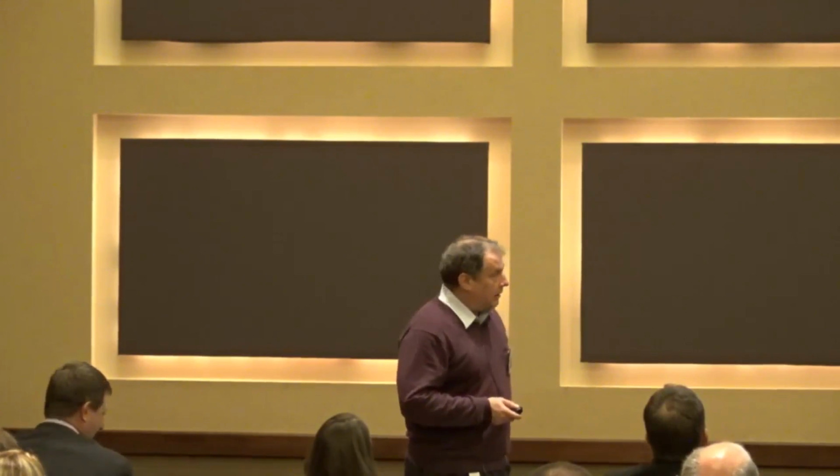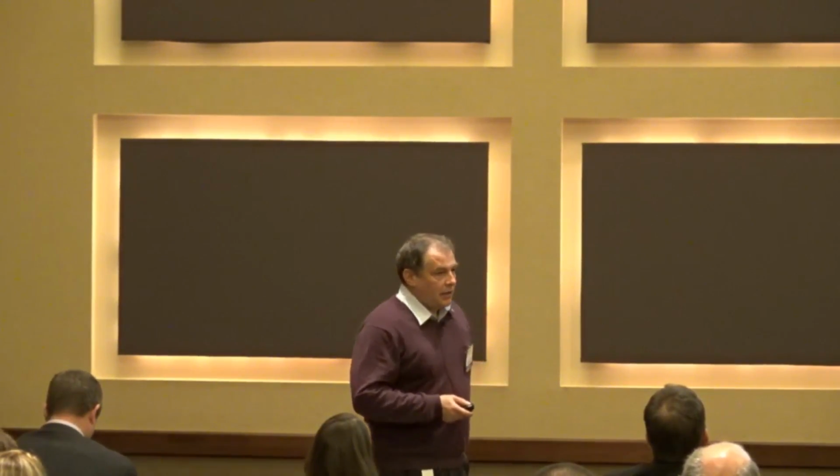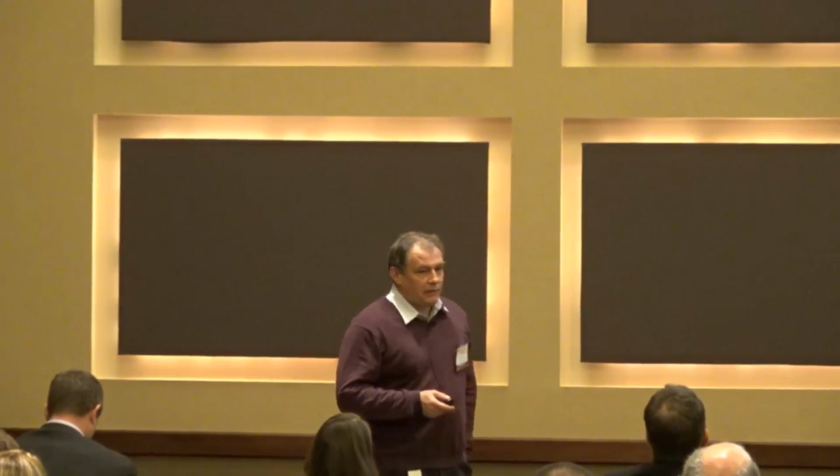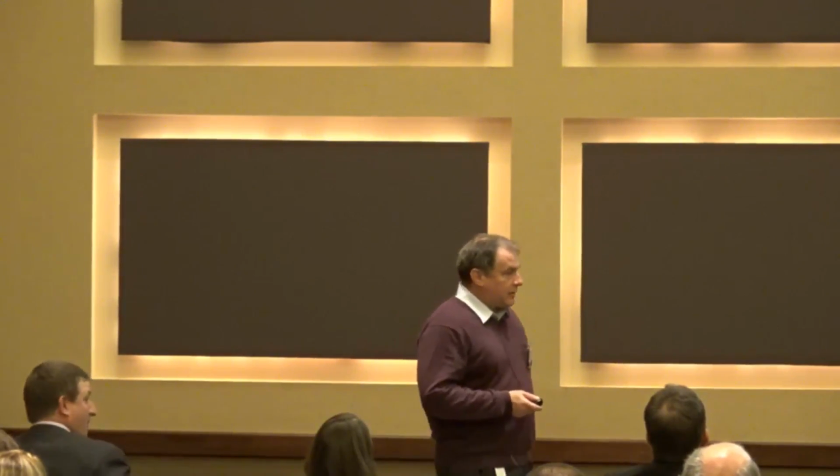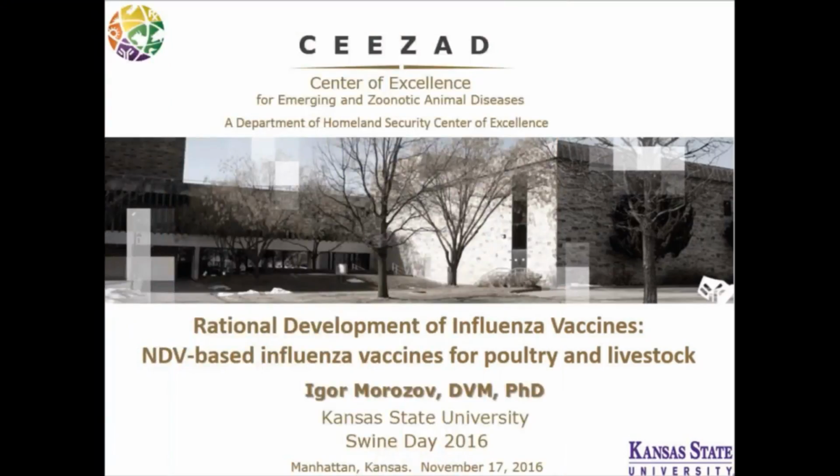I then had about 10 years of experience working with industry at Fort Dodge Animal Health and Novartis Animal Health, again on companion animal vaccines and also swine vaccines, including influenza and circovirus. For the last 6 years, I've been working at Kansas State University at the Center of Excellence for Emerging and Zoonotic Animal Diseases, where Dr. Richt is director and I'm science project manager.